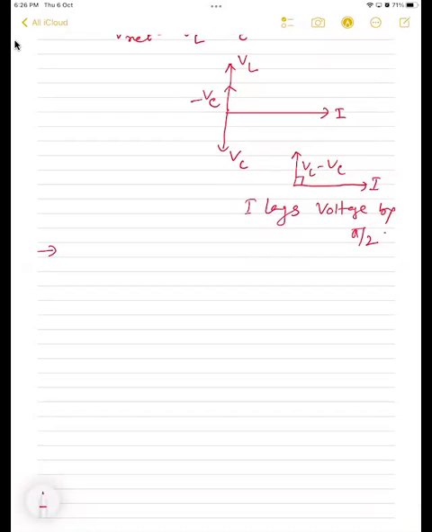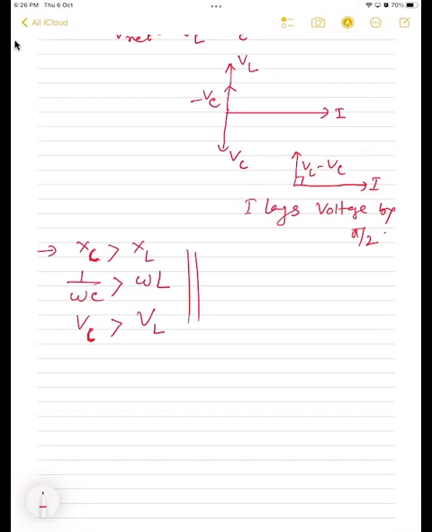If XL is greater than XC, that was the previous case. Now let's take XC greater than XL, that means 1 by omega C is greater than omega L. That means VC is greater than VL, correct?